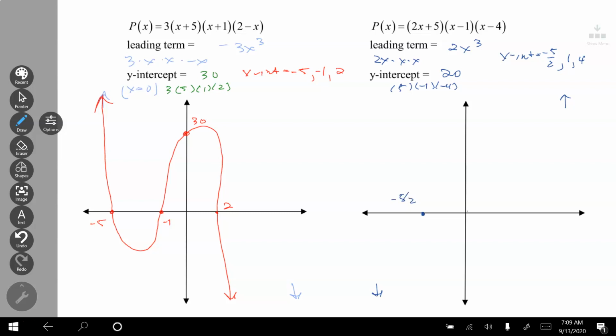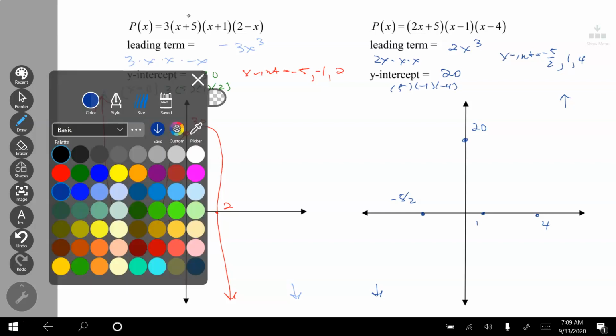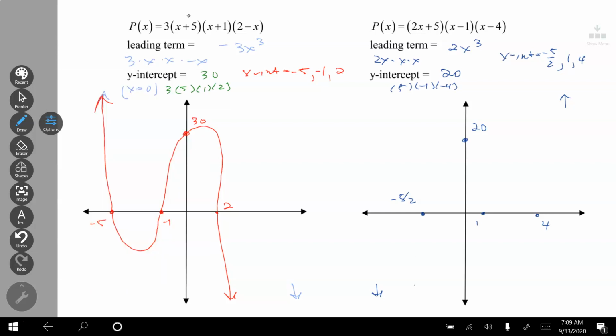Negative 5 over 2, 1 and 4. And right here is my 20 for my y-intercept. I don't have to start at that arrow. It just means the left side starts down. Make a nice smooth graph. And there we go. That's a possible look of that graph.